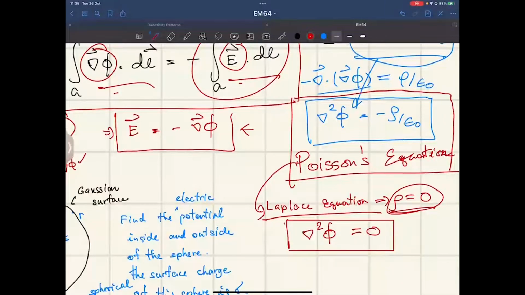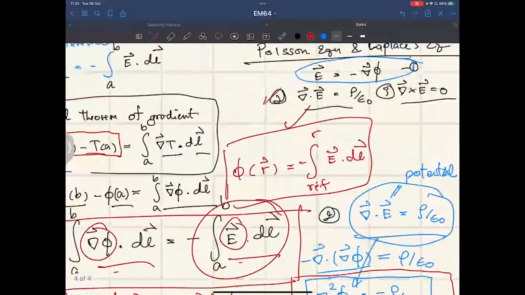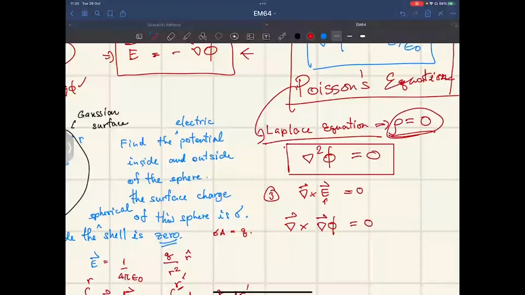Okay, and now we did this with number 2 here. We write down this equation in terms of potential. Now we write down the equation number 3 in terms of potential. From number 3 here, we know that curl E is 0. So we replace E with this curl of gradient phi here equal to 0.